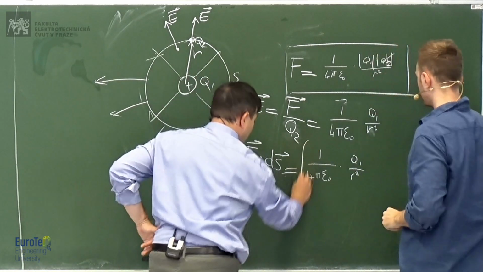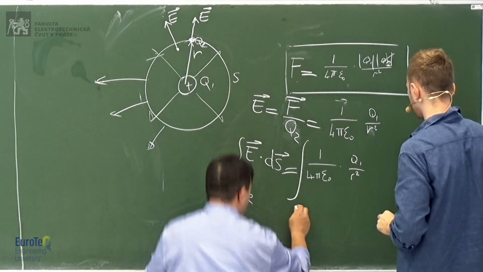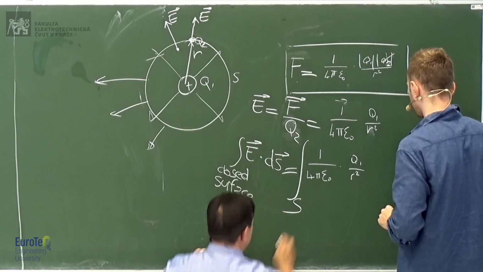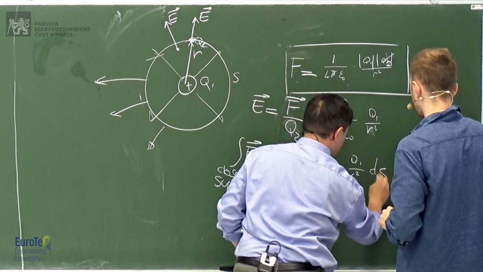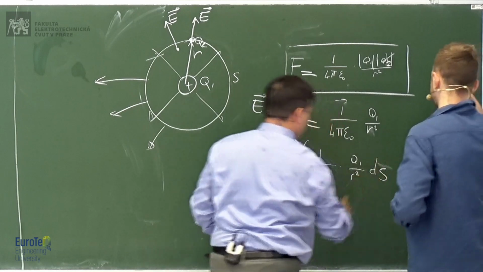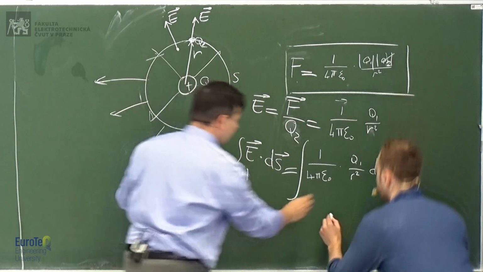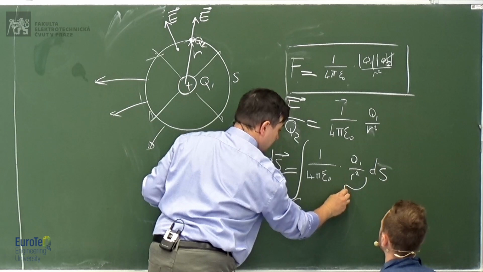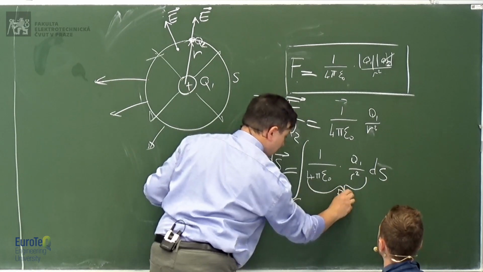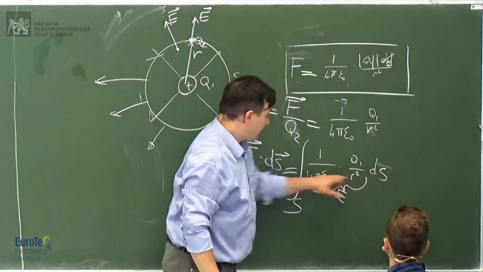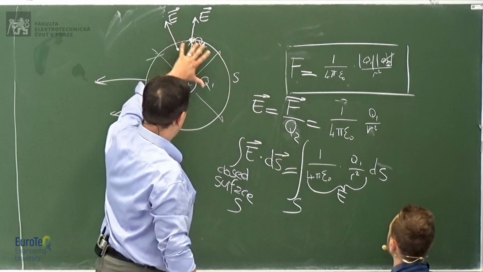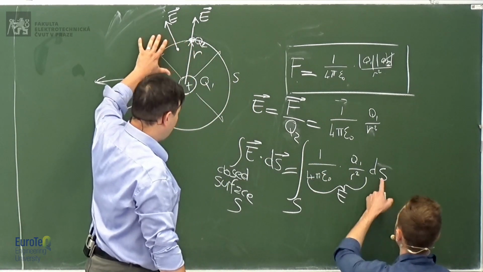So this is the integral over the closed surface S of the electric field, and you integrate it over the surface. This is constant because on each point of the surface it is constant.